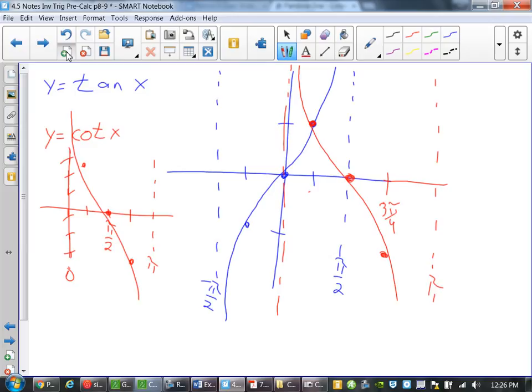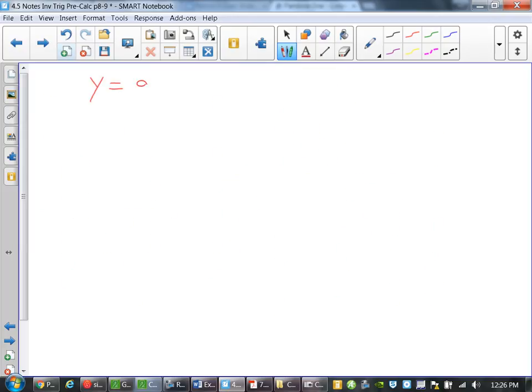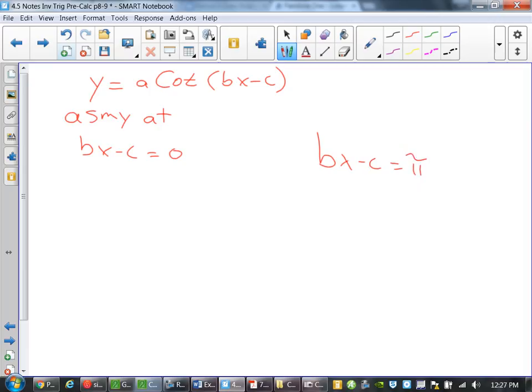So for our cotangent graph, we move them, and instead of being at the pi over 2s to start, we just move them to the right, so you have one at 0 and one at pi.